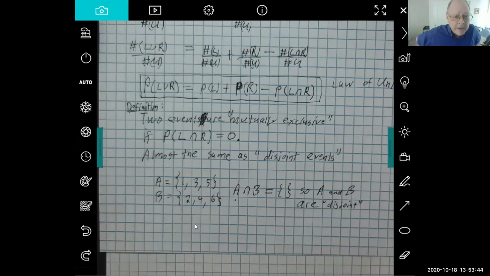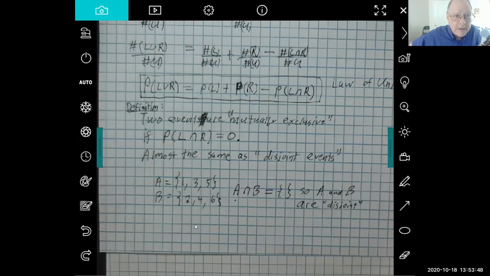So if two events are disjoint, then they are also mutually exclusive.